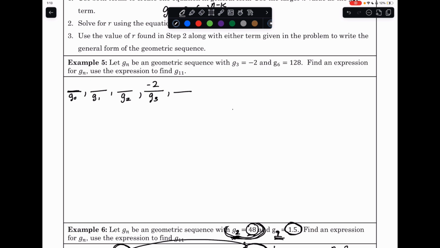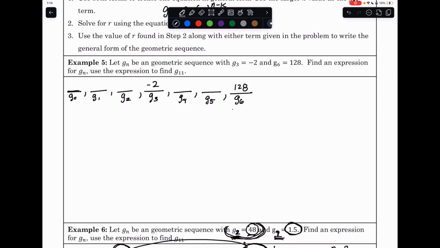Then we don't know what the sixth number in the sequence, G of 5, equals, and G of 6, which is the seventh number in the sequence, is equal to 128.